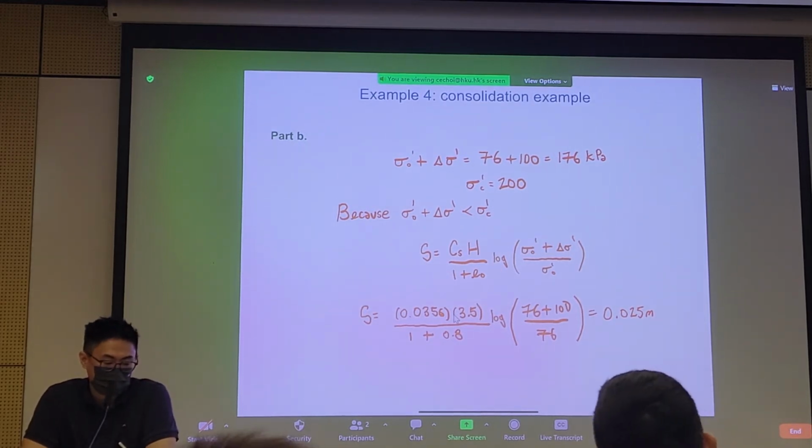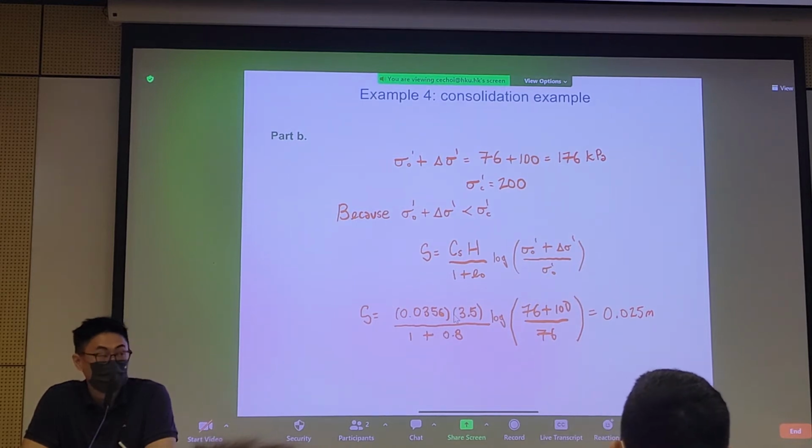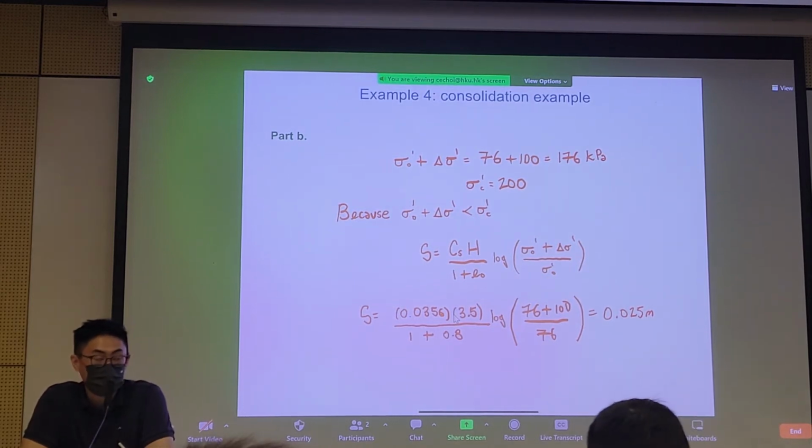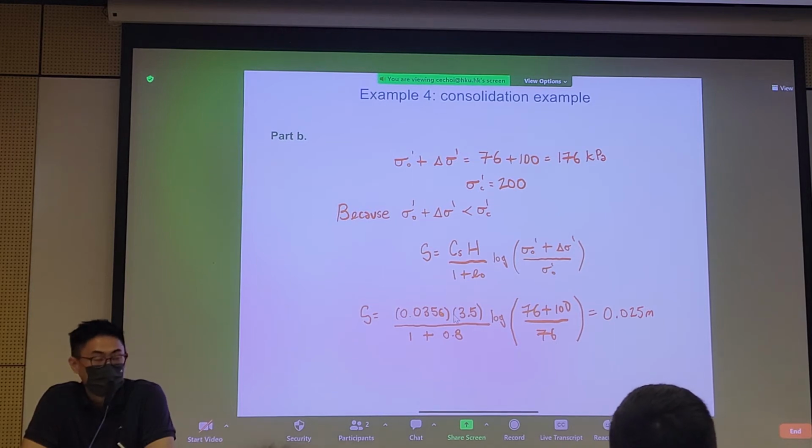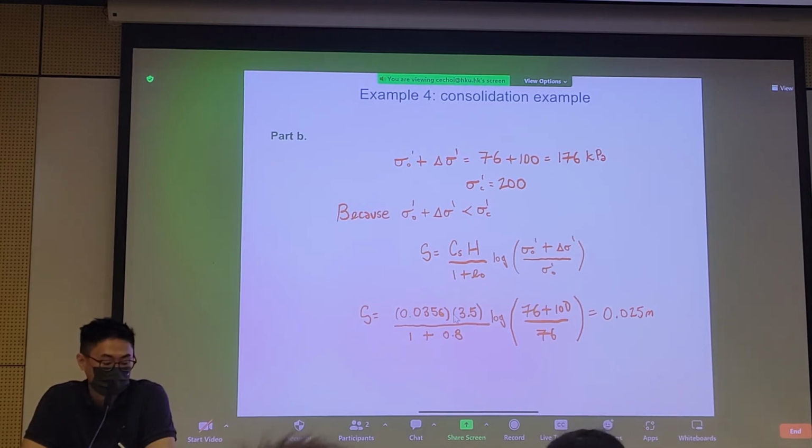So again, if you compare part A and part B, it can show you the power of surcharging. If you surcharge the cell before and you make it over consolidated, what happens is you get substantially less settlement, right? In part A, on the normal consolidation line, we're applying the same stress to both parts, right? Part A, we're applying 100 kPa.